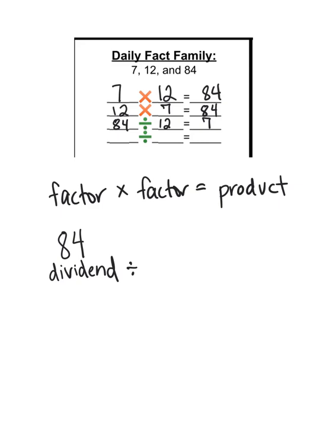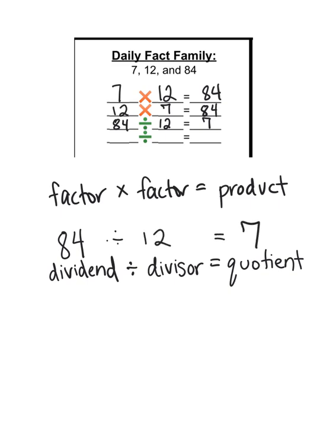So we're going to do dividend divided by the divisor equals our quotient. Okay, 84 divided by 12 gives us 7 in each group. We could also do 84 divided by 7 and get 12 in each group.